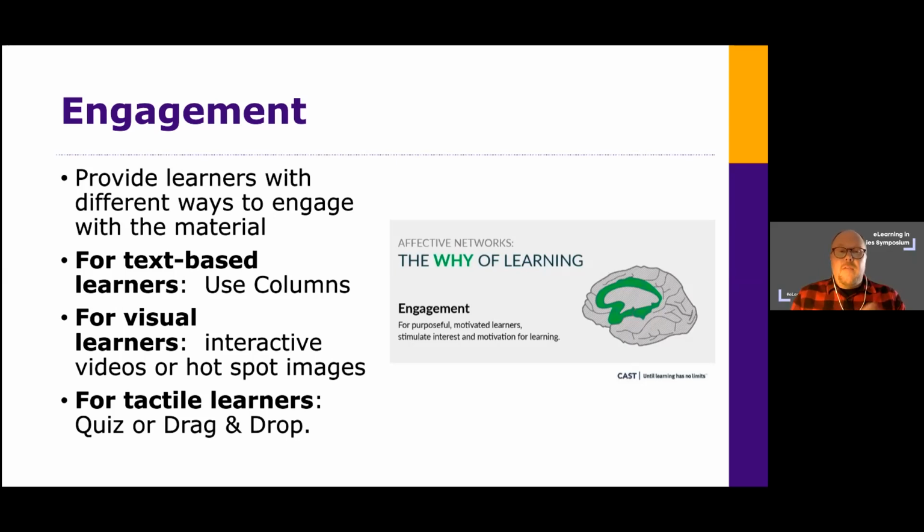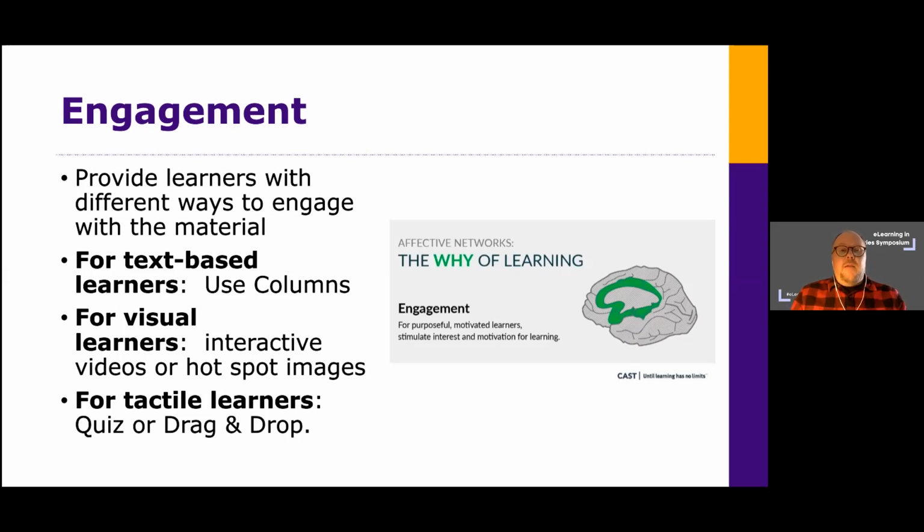Or perhaps, as Joanne demonstrated a moment ago, you might want to use hotspot images, where the student can be looking at a specific image related to the content I'm talking about, with small pieces of information embedded within that image. If I'm working with students who learn by doing, or tactile learners, I may want to use some of the more heavily interactive types of H5P material.